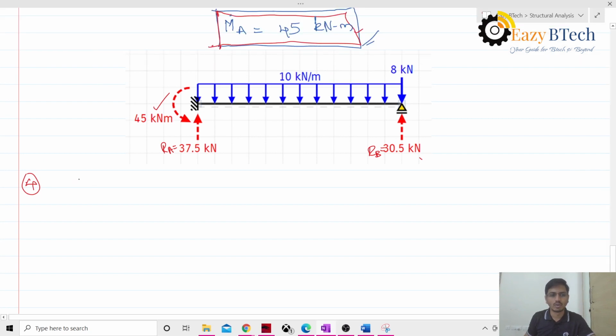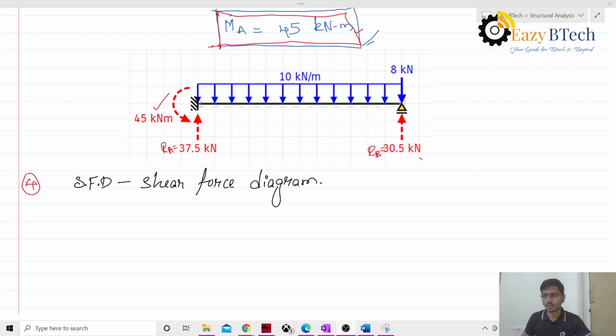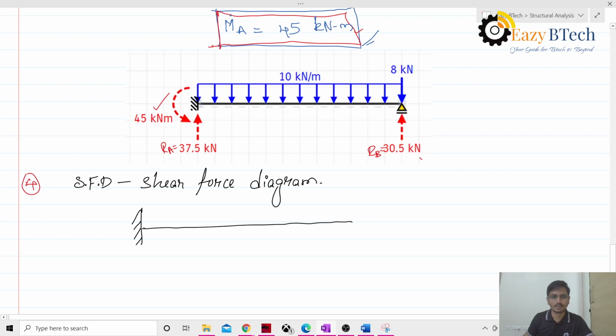Fourth step is drawing the shear force diagram. How to draw this diagram? It's very simple. What you need to do is first draw the diagram of this. This is my UDL.